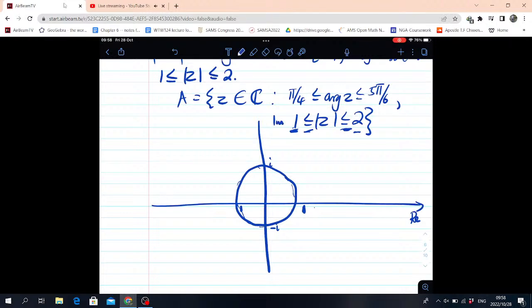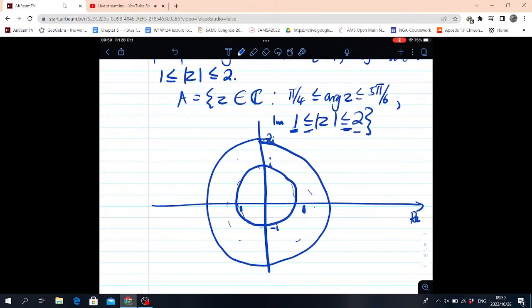And then maybe 2 is here, so we say 2i there, and then we draw another circle. So the complex numbers such that the modulus is between 1 and 2 should be within the donut there, right? So we are talking about points in between here.